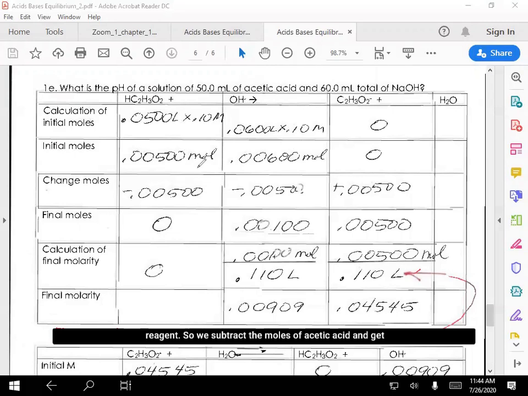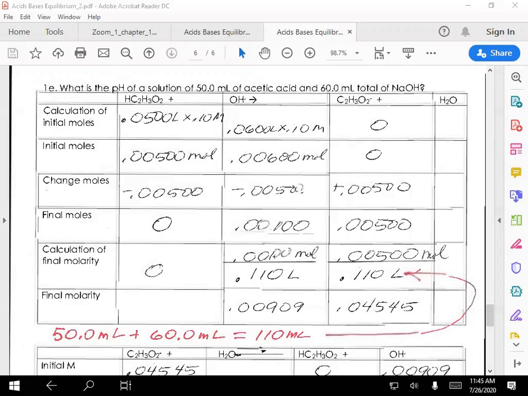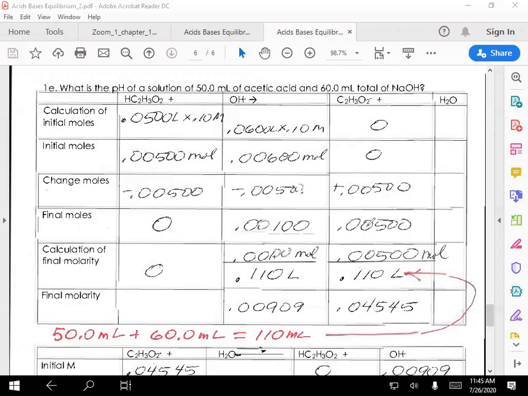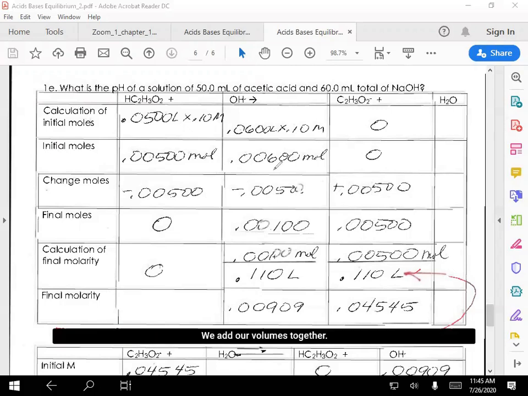So we subtract the moles of acetic acid and get 0. We subtract the moles of acetic acid and we get a moles of hydroxide. And we're adding to our product. So we get a moles of acetate. We add our volumes together.